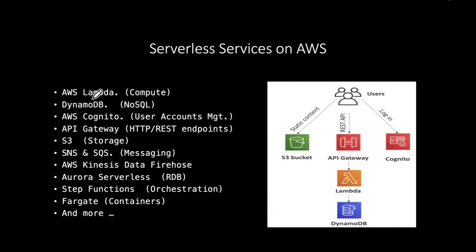DynamoDB: if we want to have a database as part of our application, then there are a number of serverless database services that AWS provides. One of them is DynamoDB, which we will look at. It is a non-relational database architecture, though. You can have serverless relational databases as well. We won't in this module. AWS Cognito is a serverless service for managing user accounts.